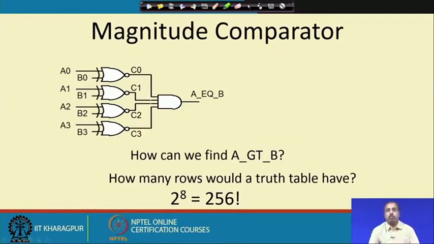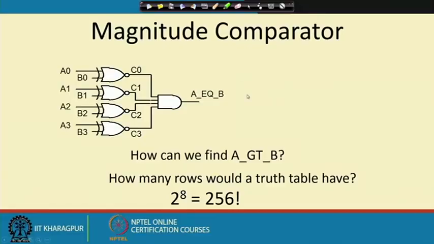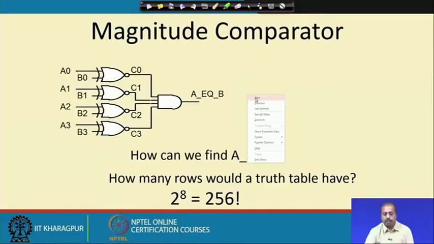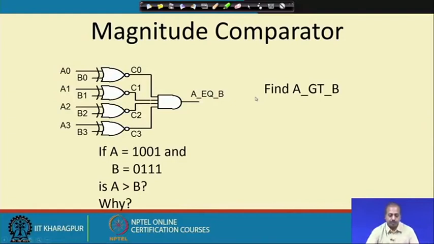If I try to draw a Karnaugh map, it is an 8 variable map that we have to minimize. That is a very clumsy way. So far in our course we have seen that we can draw a K map up to 6 variables, not more than that. So, that makes it difficult. We have to do something else to get the minimized form.